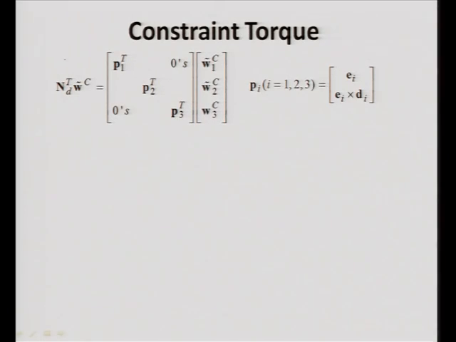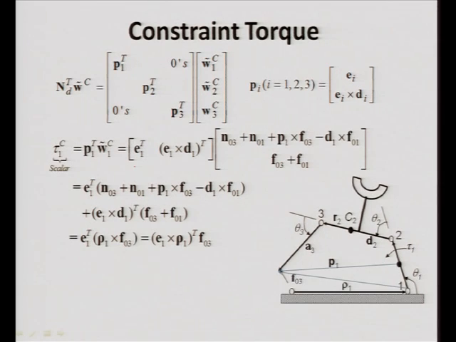Okay. So, now the last part is N D transpose W C tilde. So, this will be P 1 transpose, P 2 transpose, P 3 transpose, whereas the meaning of P 1 is E 1 cross D 1. So, I have written for all 1, 2, 3. So, the first one I am showing in detail, tau 1 C, ultimately it will be a scalar quantity, which is P 1 transpose W 1 C tilde.